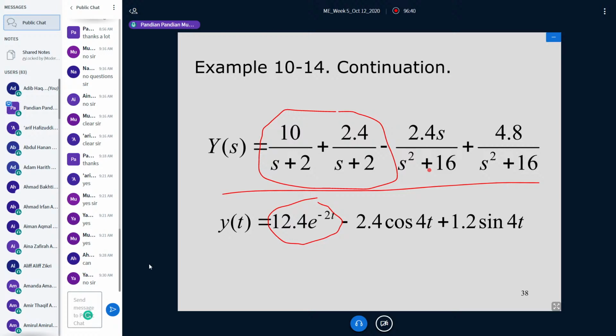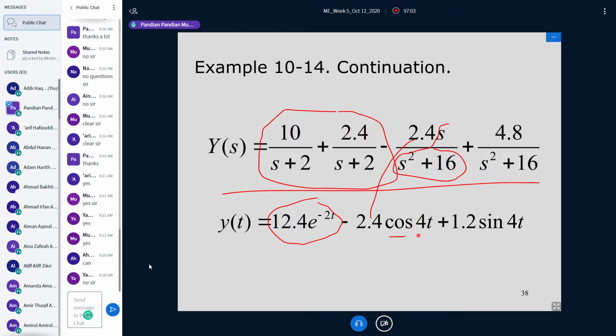Now, this one, s over s squared plus 16, is cos. Minus 2.4 is here. For the 16, you must write 4 squared. The formula says k squared, k squared is 16, so k is 4.